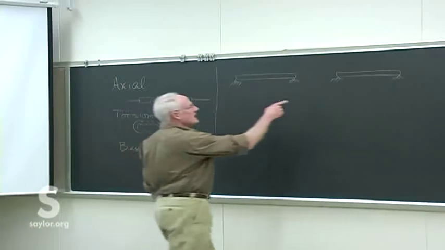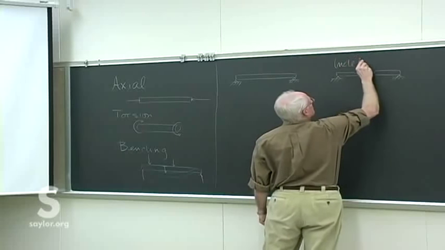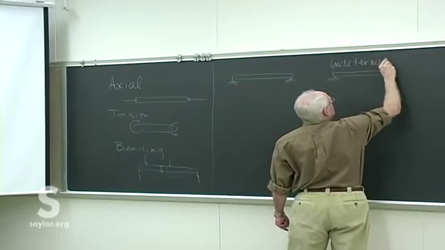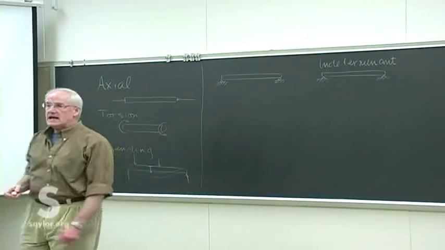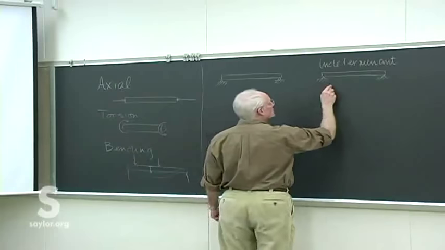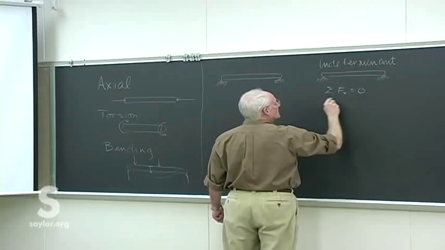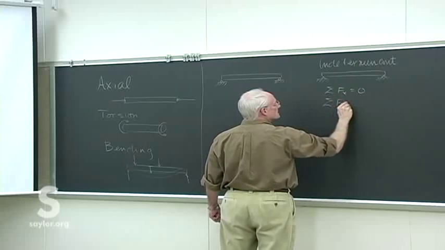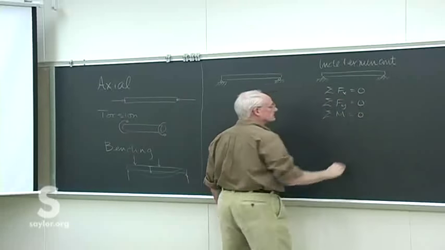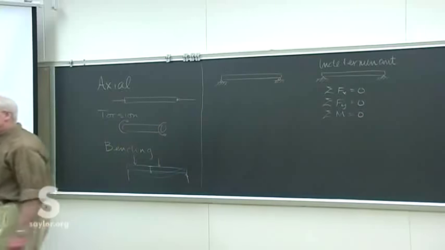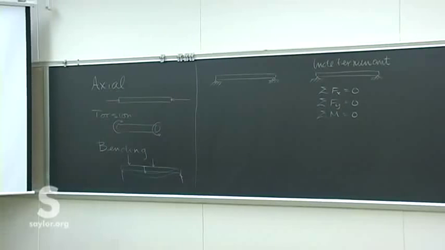But this type of support is statically indeterminate, meaning with our equations from statics, which was nothing more than the sum of the forces and the sum of the moments, with those three equations, we could not solve for the reactions.